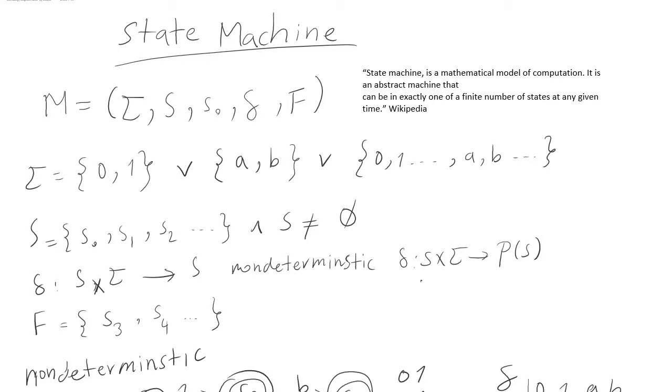So we have a tuple of 5, and each element of the tuple represents a group of values. This symbol here, sigma, represents the alphabet, and this represents the states that our system has.